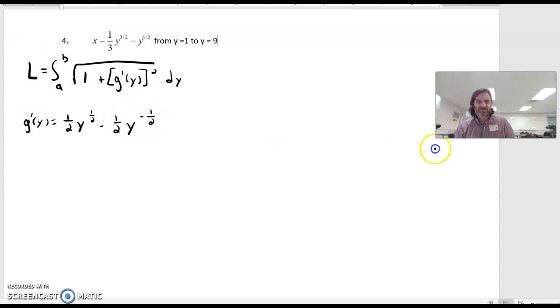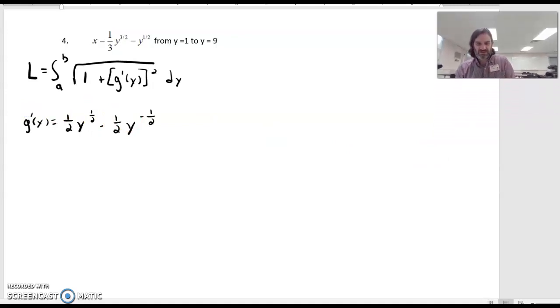Okay, so in that case, we can go ahead and square it. We'll take this function and we want to square it, which is a FOIL. So don't just square the first term and the last term. It's a FOIL, F-O-I-L. So first will be 1/4 y, because square root of y times square root of y is just y.